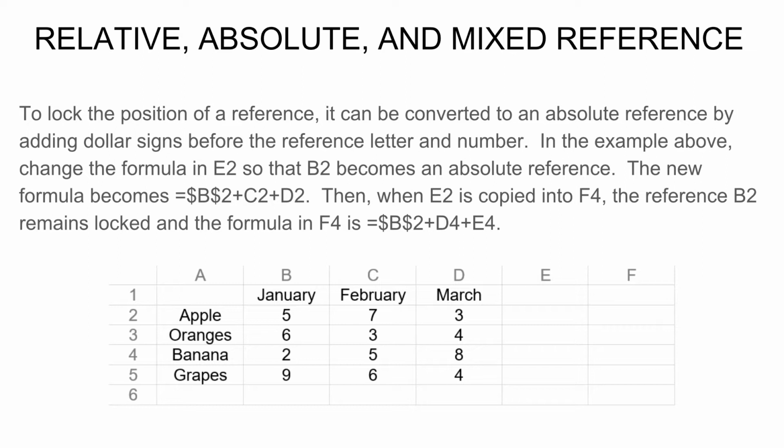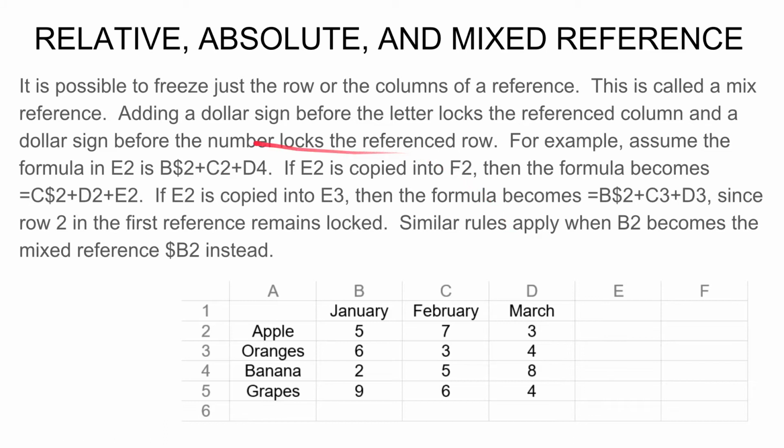But if you combine them, you will create a mixed reference. So we're combining relative and absolute. In this case, instead of an absolute reference, which would have a $, then B, and then a $, and then 2, in this one we have a mixed one where the column is relative, but the row is now absolute or fixed.